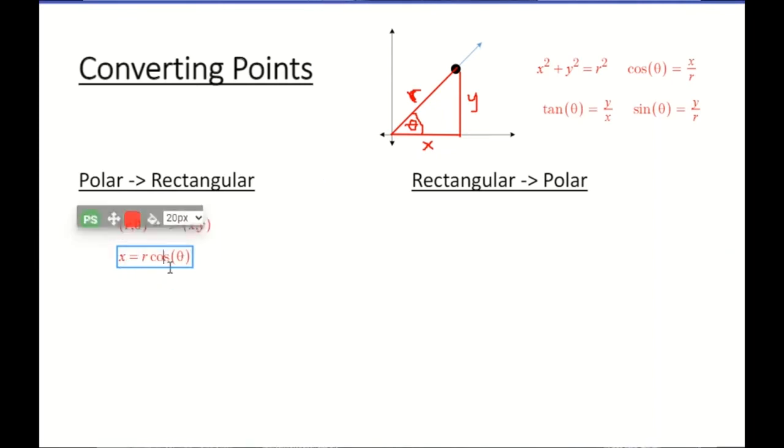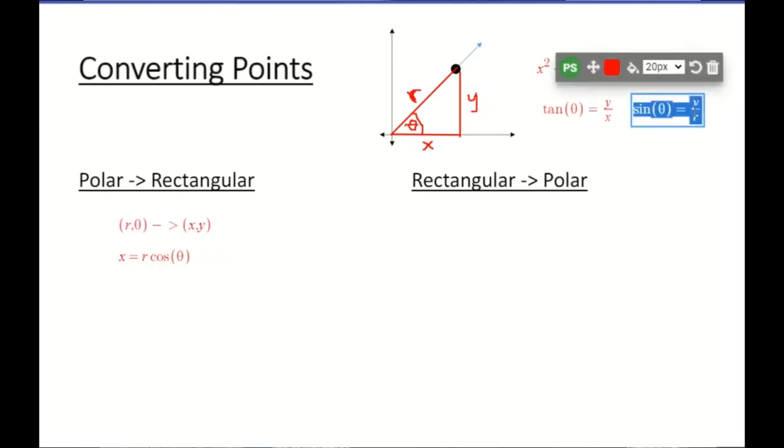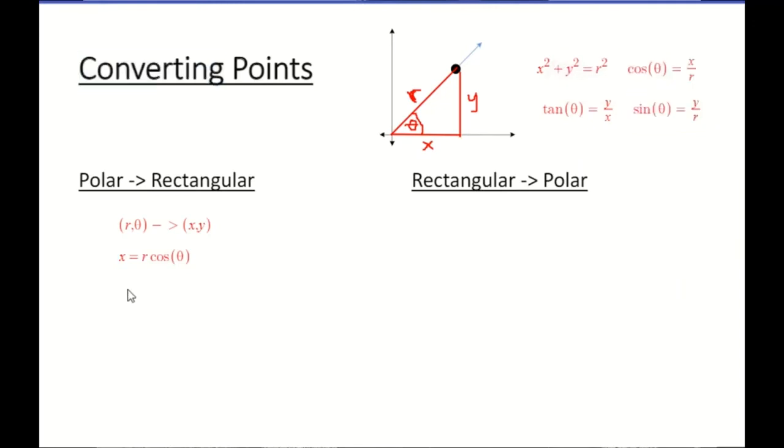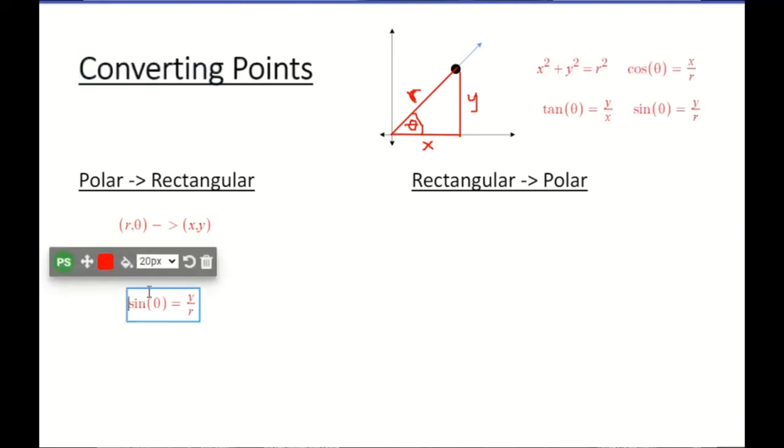So if we know r and theta, we can just plug it into this equation. We can compute x. Similarly, we could rearrange this sine equation for y and solve. And if we're given r and theta, we can solve for y. So y equals r times sine theta.